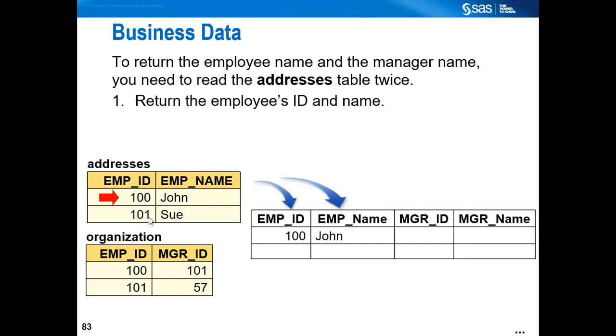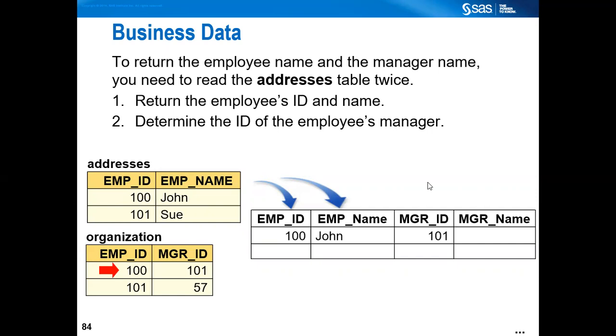So this employee actually has a manager, but this manager is also an employee. Are you all getting what I'm trying to tell you? Everyone? Yes, you're going to read the address table twice. Once you'll be reading it on employee ID, and then you'll be reading the same for your managers. Fine?